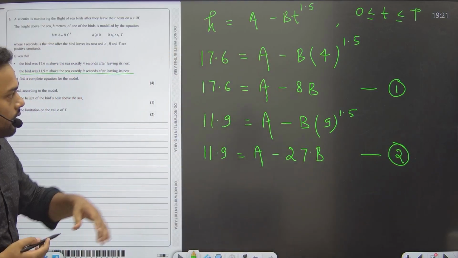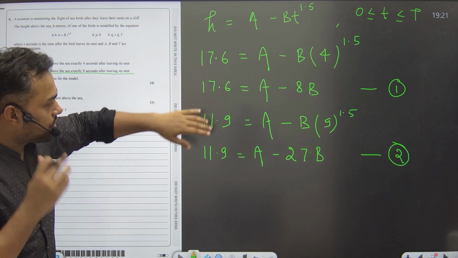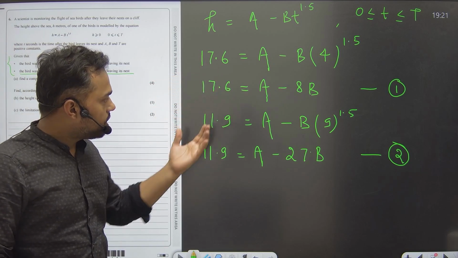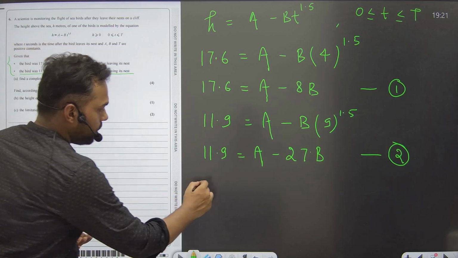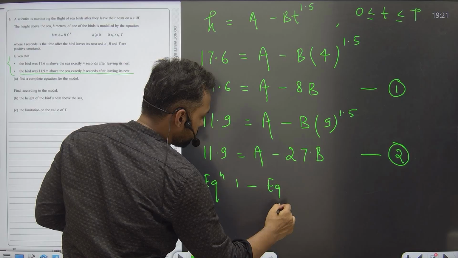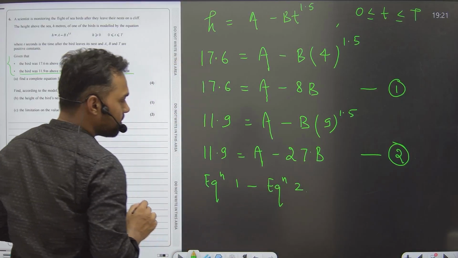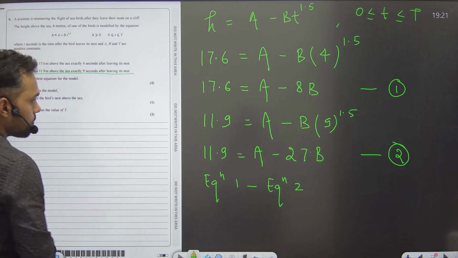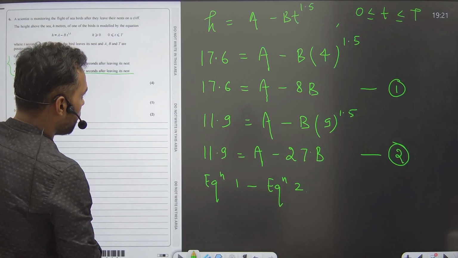Now we have got the first equation and second equation. What we need to do here is subtract the values. So equation 1 minus equation 2 means we are subtracting equation 2 from equation 1. That's simple. We can say that we are eliminating a.